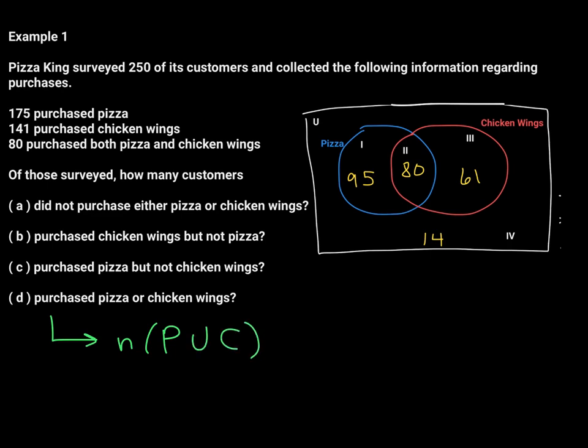Union, like that, right? So in other words, it'll be 95 plus 80 plus 61. So all of those customers that purchased pizza or chicken wings is 236. We had to add all of the elements that are in region 1, 2, and 3. This was a fun example.